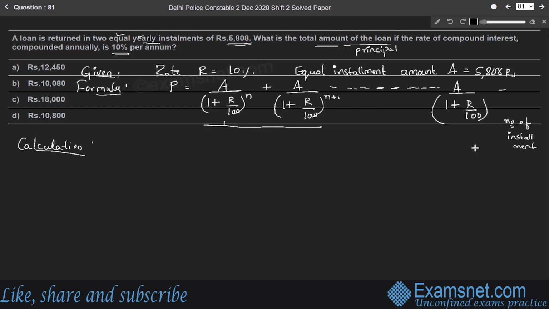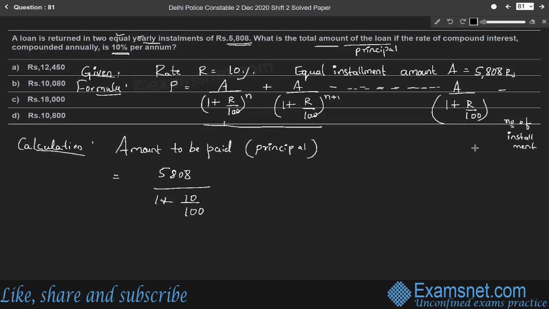So the amount to be paid off the loan, that is the principal amount, is equal to, by formula, 5,808 divided by (1 plus rate, 10%, by 100) to the power of N. The value of N is 1 here, since it is a yearly installment, so N is 1 year.